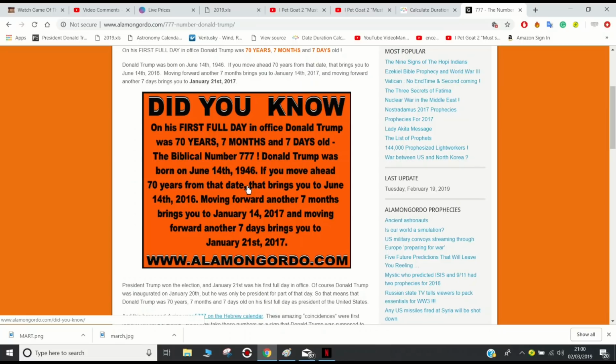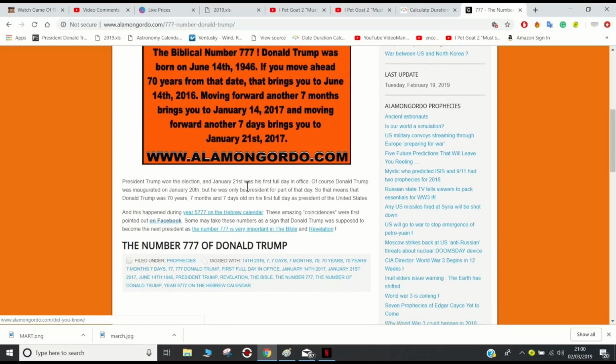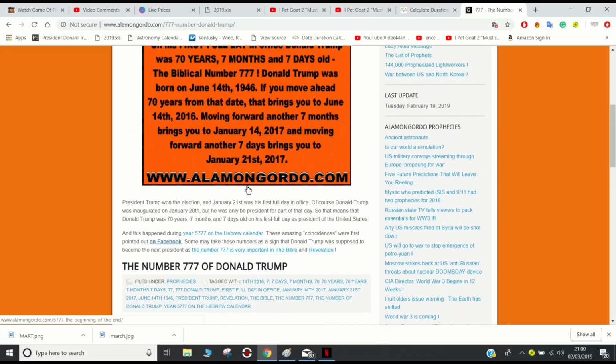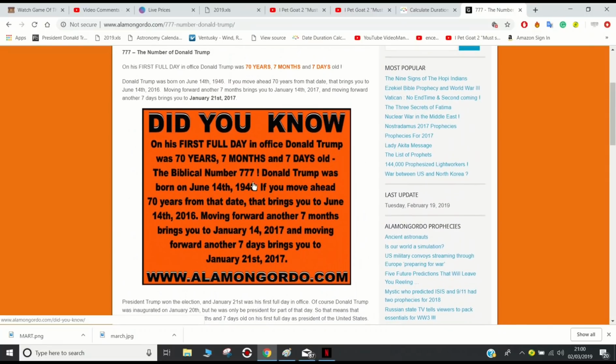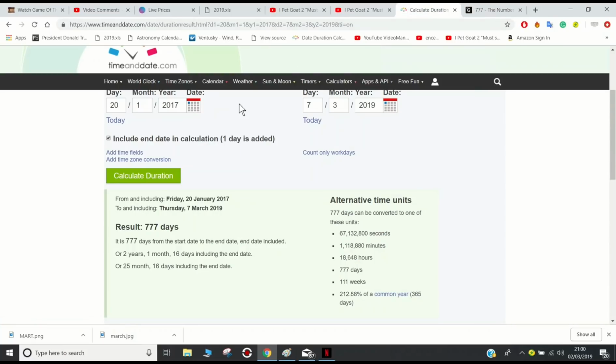So we have a marginal connection that we may be able to connect to a particular date, which, if it's 777 and it's after Donald Trump has become president, then that would bring us to, as stated, March the 7th.